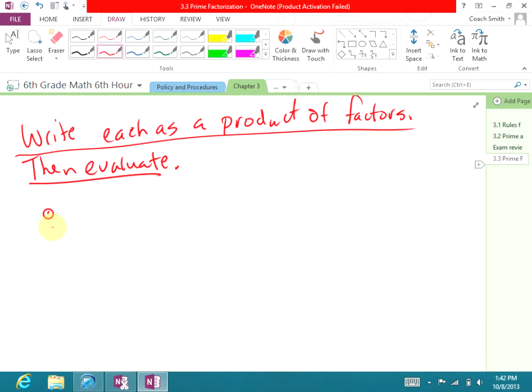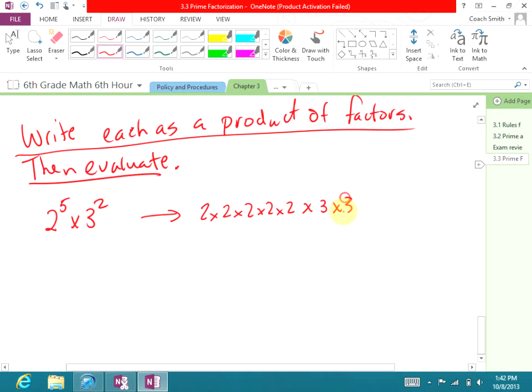Example problem is this: 2 to the 5th times 3 to the 2nd. So I write it as a product of factors. That would be 2 times 2 times 2 times 2 times 2 times 3 times 3.